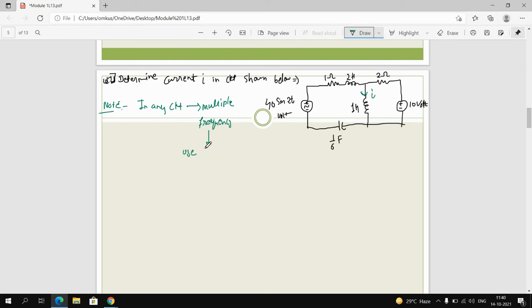Use the superposition theorem, right? Okay, so in any circuit in time domain analysis using multiple frequencies, the superposition theorem is the best method for finding the circuit element. So here you need to calculate the current I. So use that superposition theorem.